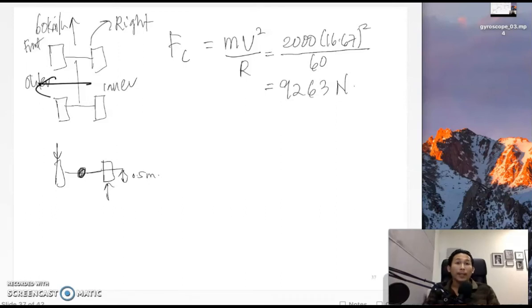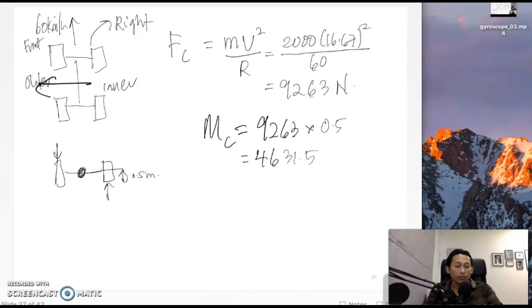Okay, so our FC for the centrifugal force, the moment of the centrifugal force is 9263 times 0.5 meter is equal to 4631.5.